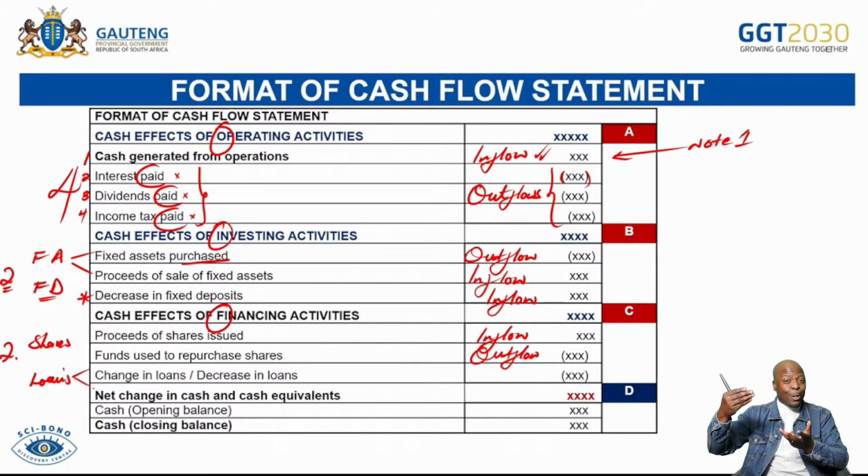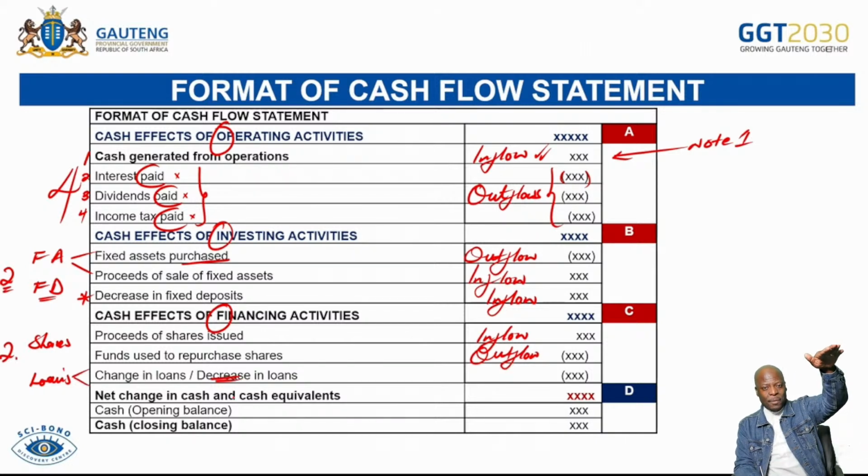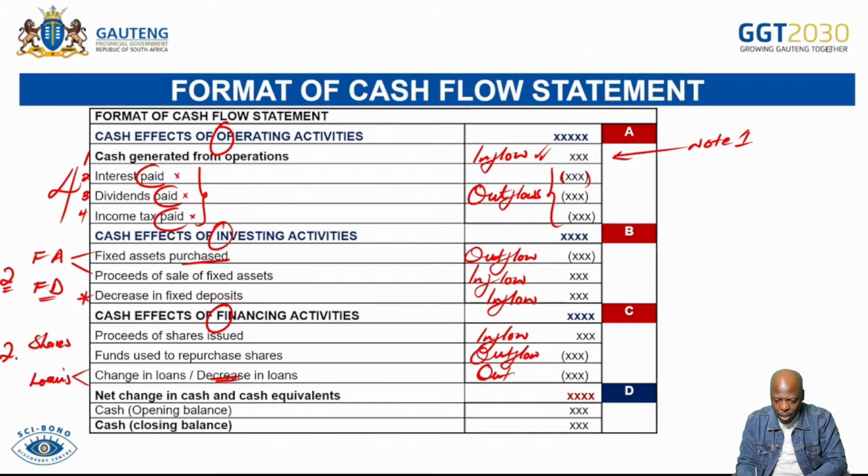When we pay back that loan, we are paying cash outflow. So in this case, we have a decrease in loan. When the loan was 50,000, but now the loan is 20, it means you have paid back the loan. You paid back 30. That becomes a cash outflow. Hence, you see brackets. We're good.